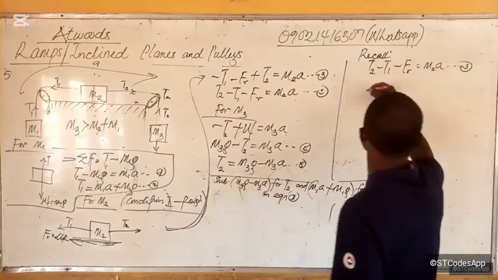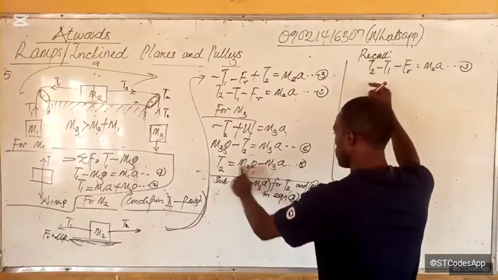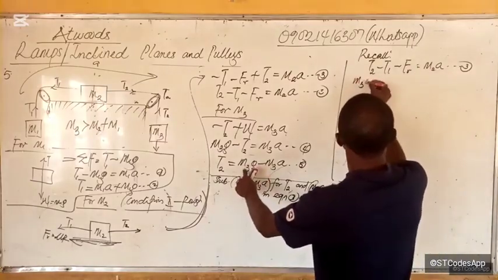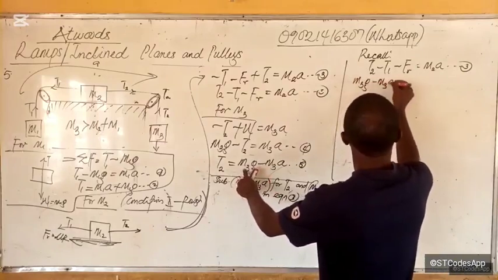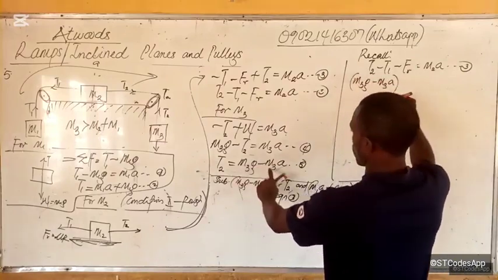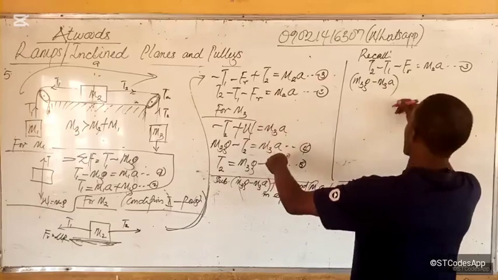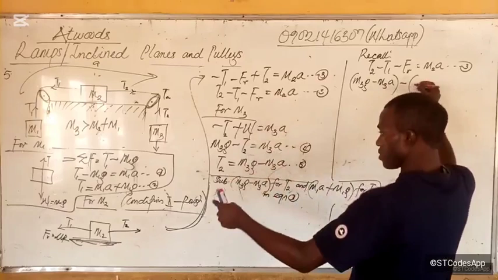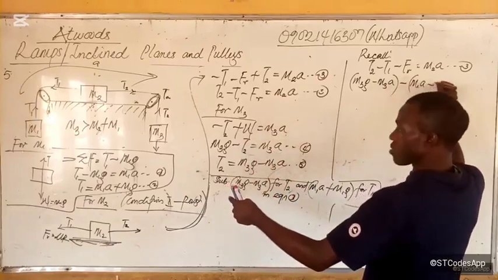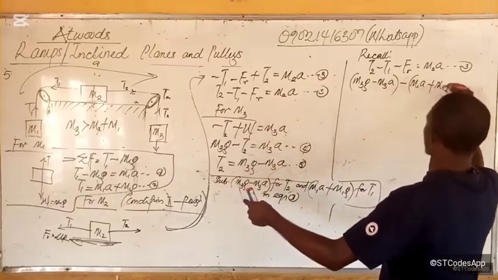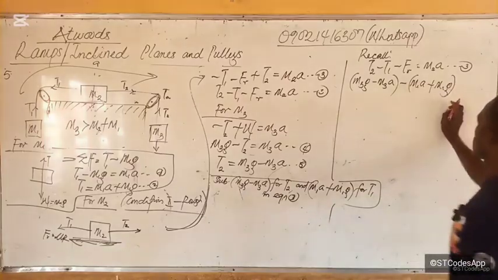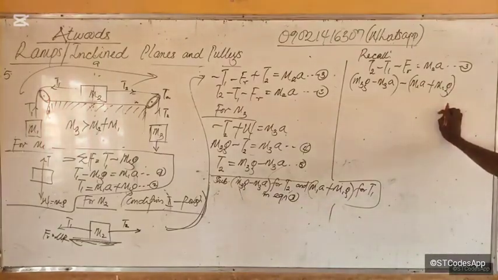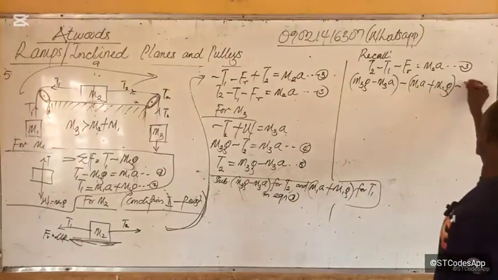With this, we know that T2 is now M3G minus M3A, then minus T1, which is M1A plus M1G. Is that okay? So then minus F sub r.